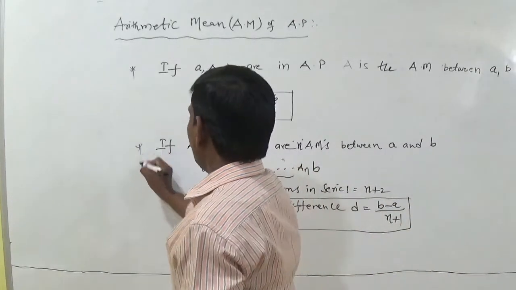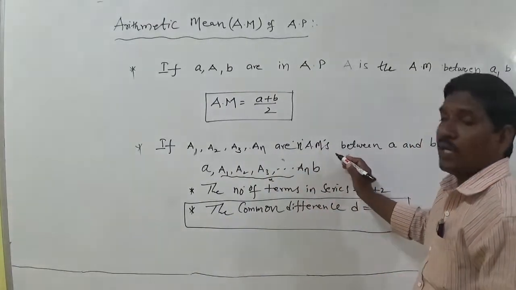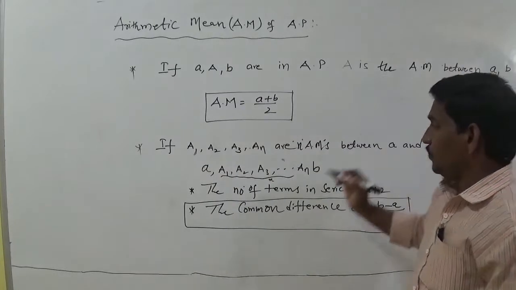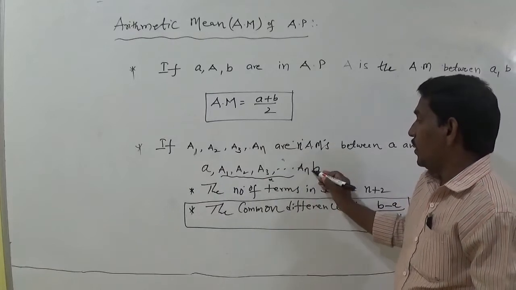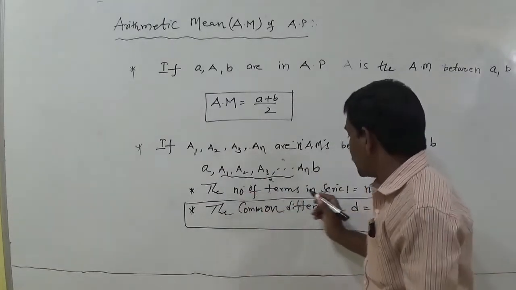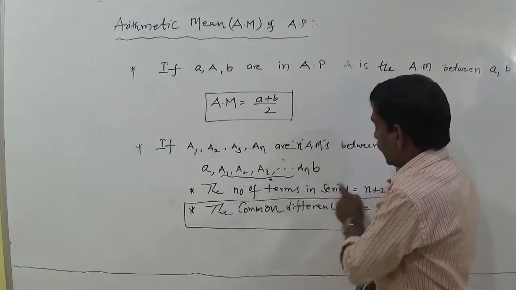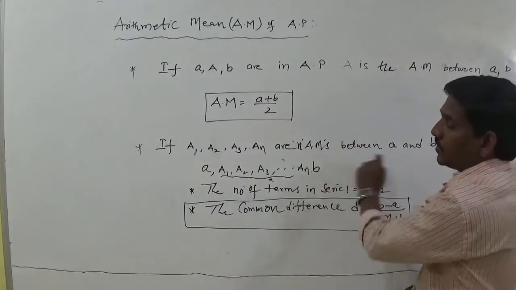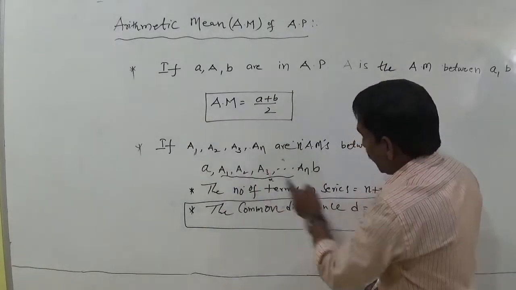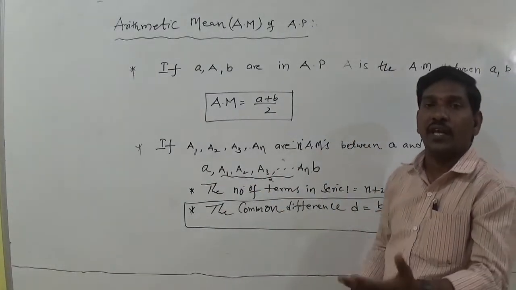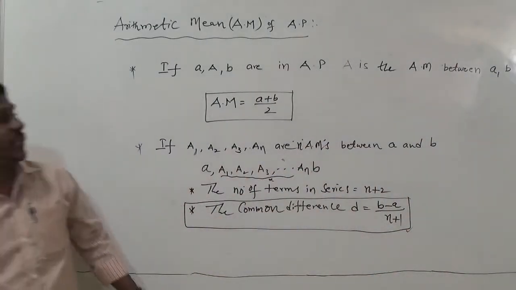Next, if A1, A2, A3, and so on up to An are n arithmetic means between a and b, then the number of terms in the series is n plus 1 and again plus 1, total n plus 2 terms. The common difference d equals (b minus a) by (n plus 1). This is arithmetic mean.